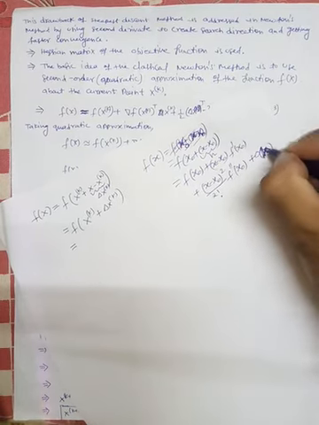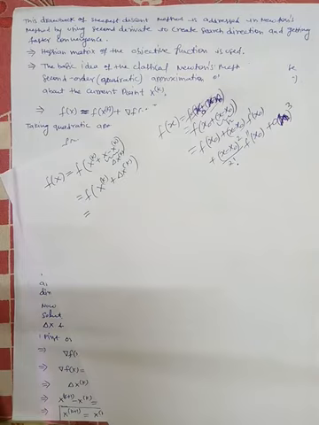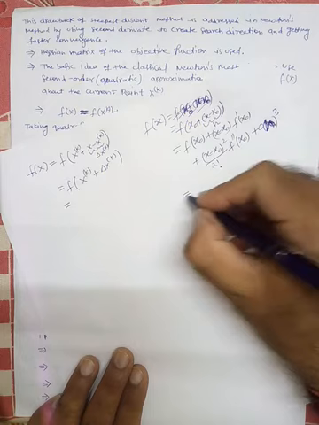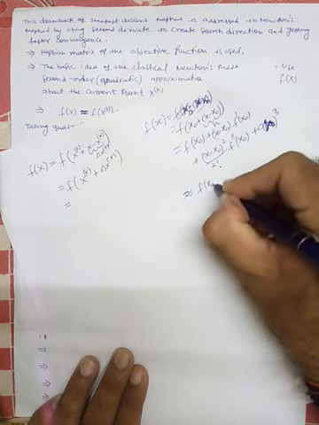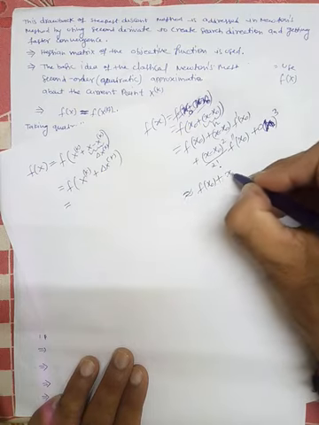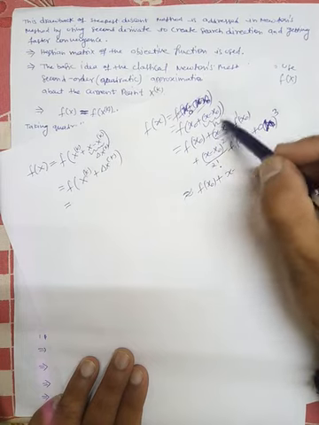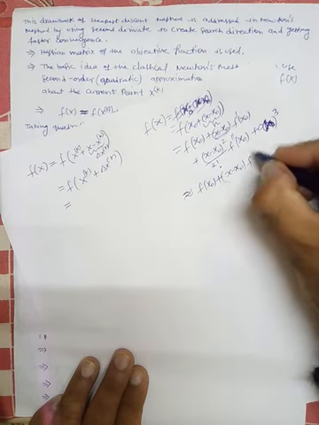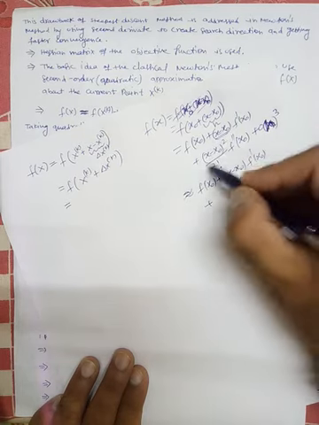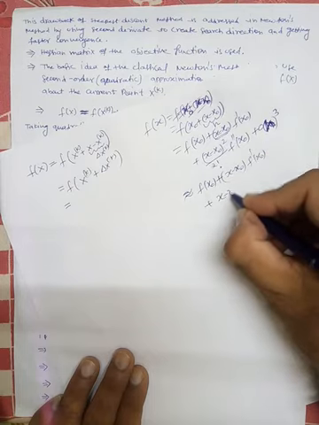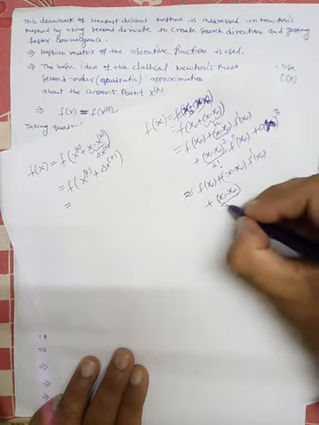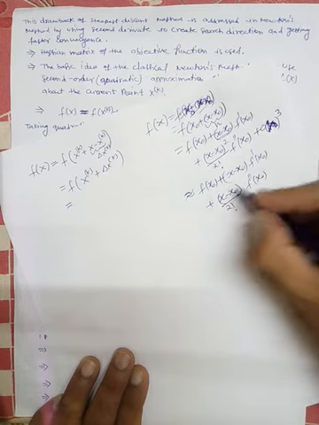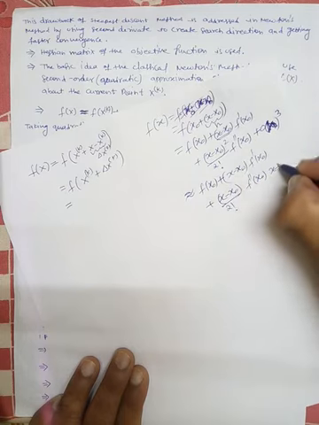This can be further rewritten, approximately, as f of x naught plus (x minus x naught) f dash x naught plus (x minus x naught) by factorial 2 times the second derivative at x naught, multiplied by x minus x naught, because the power is 2.